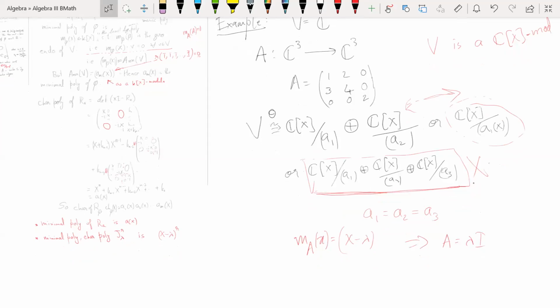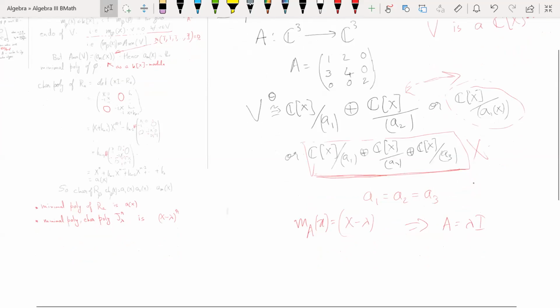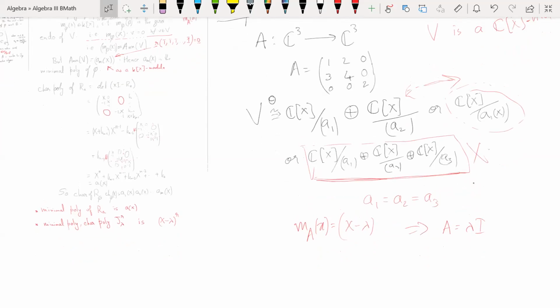So let's try to calculate. We want to know the invariant factors. First, let's calculate the characteristic polynomial and minimal polynomial of A. What is the characteristic polynomial of A?